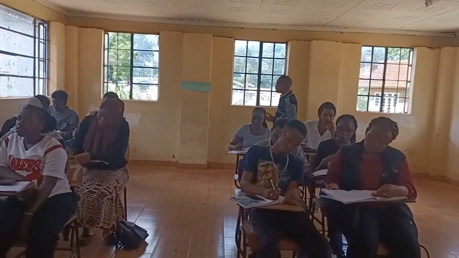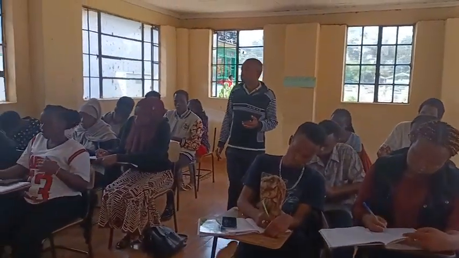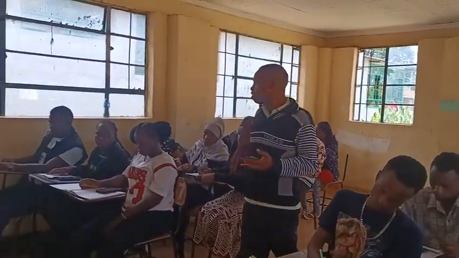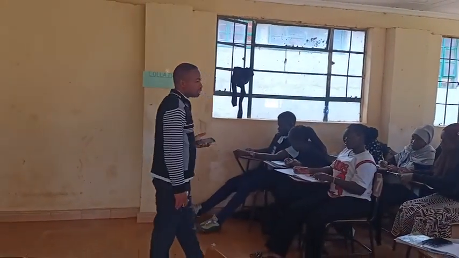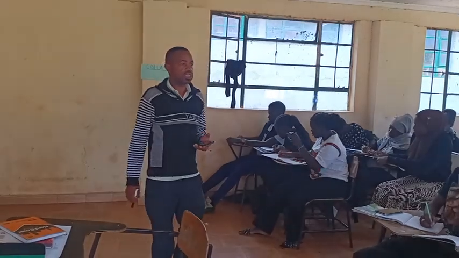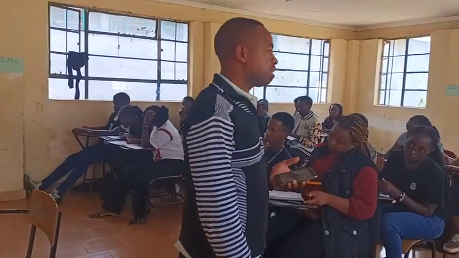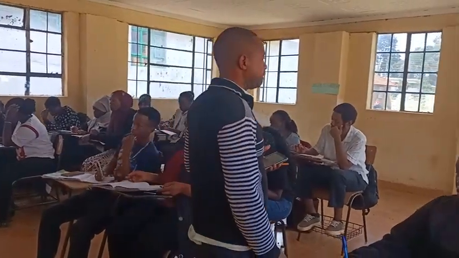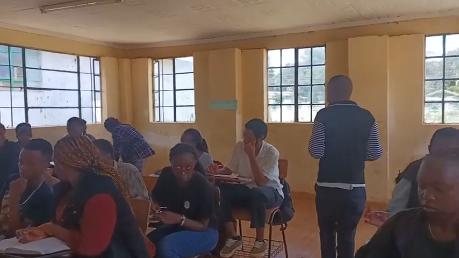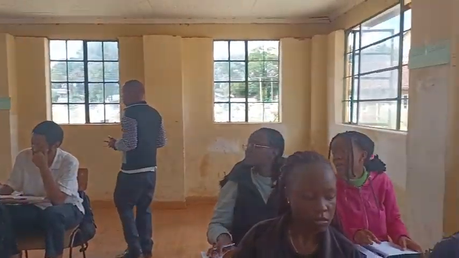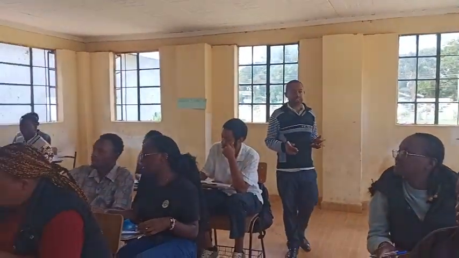Now, the other instruction. The title you have chosen, move closer to it. Move to the term that you have chosen. Move to the place, the title that you have chosen. Move.